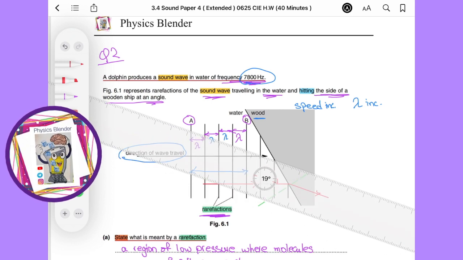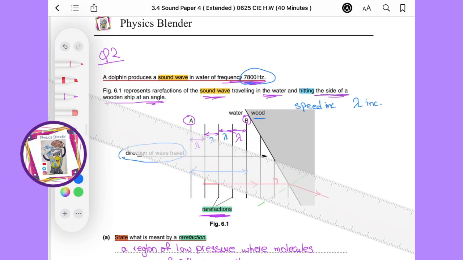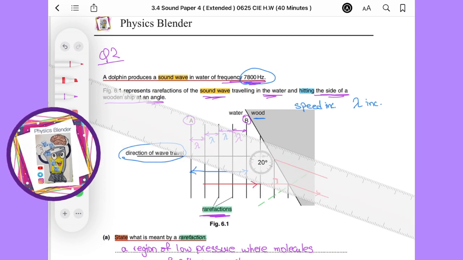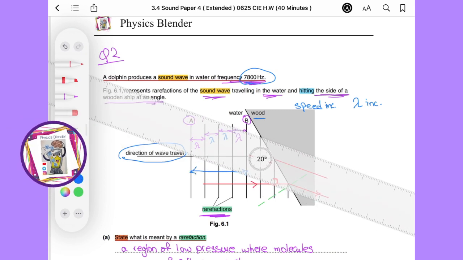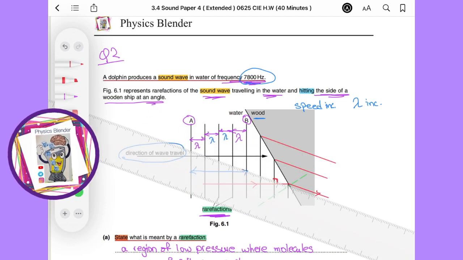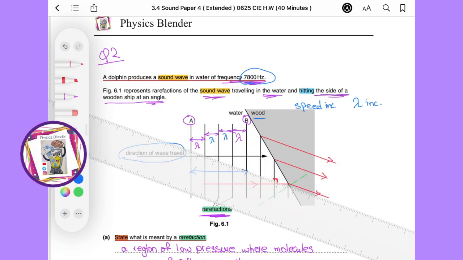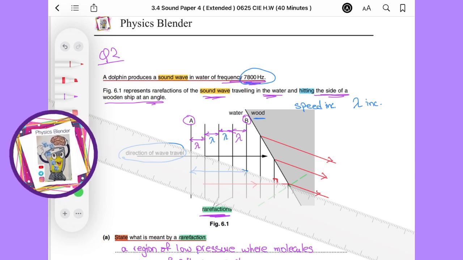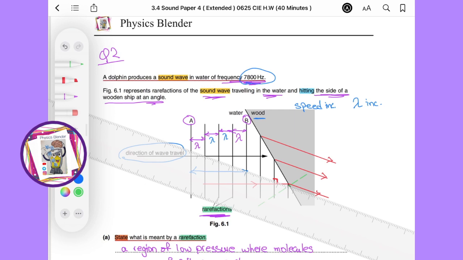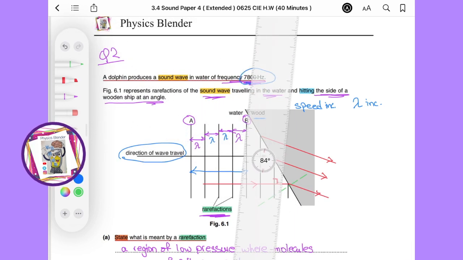So I will draw the other. So all these red lines, the direction of wave travel. I will draw now the wave fronts.